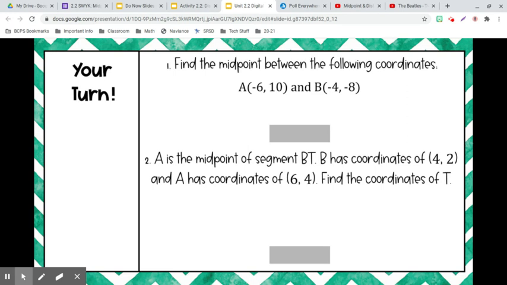A is the midpoint of BT, so we need a line segment labeled BT, and A is the midpoint. B has coordinates of 4, 2, and A has coordinates of 6, 4.